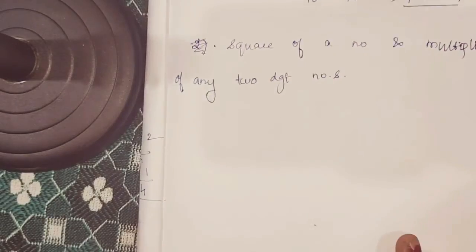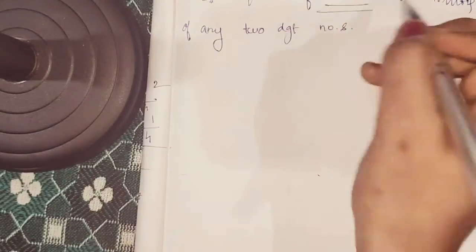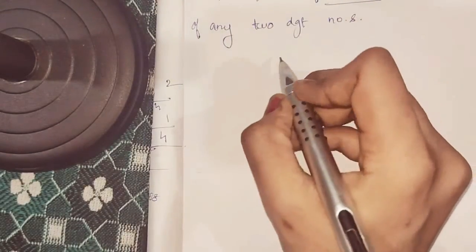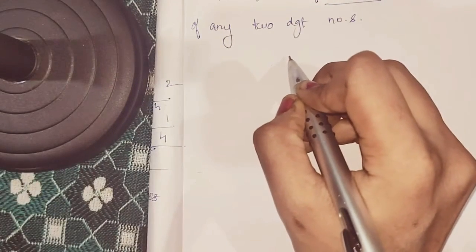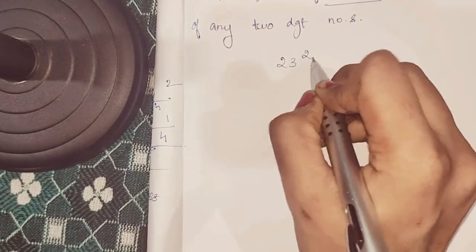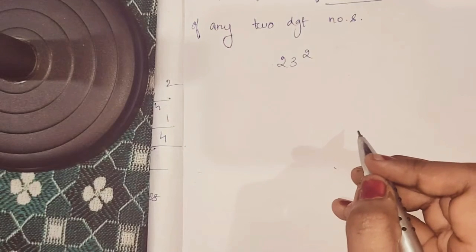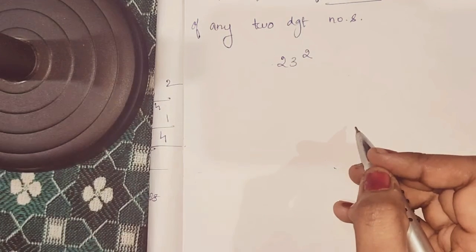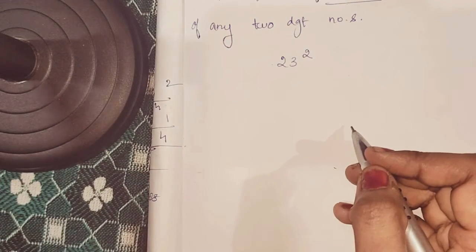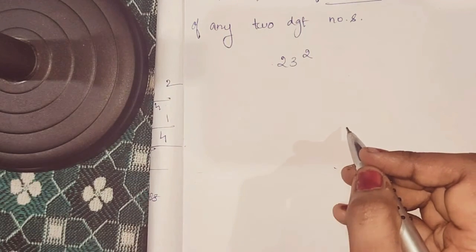Square of any number. Suppose you take the square of, let me consider, 23 square. It's very easy for you to calculate the square of any number, whether it may be 3-digit or 2-digit.